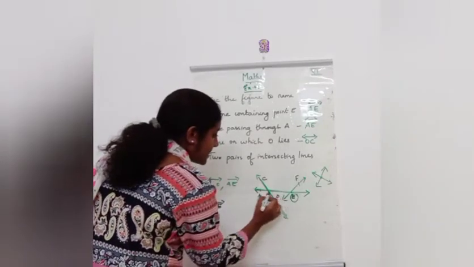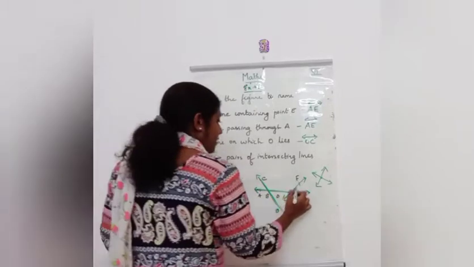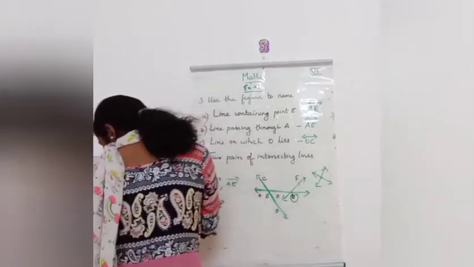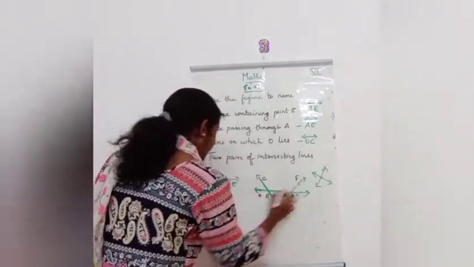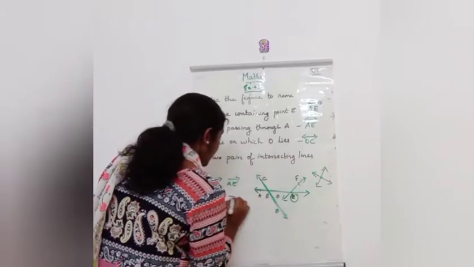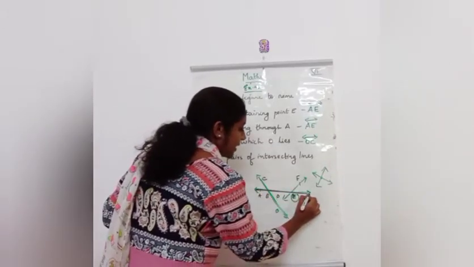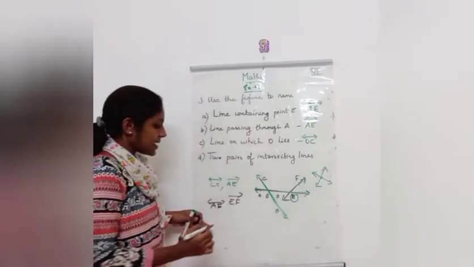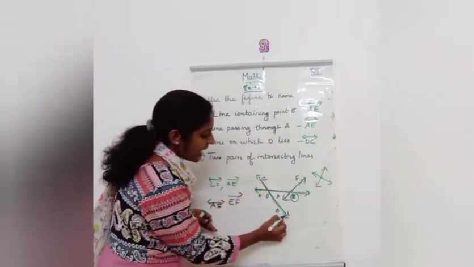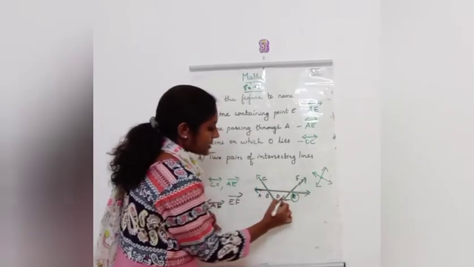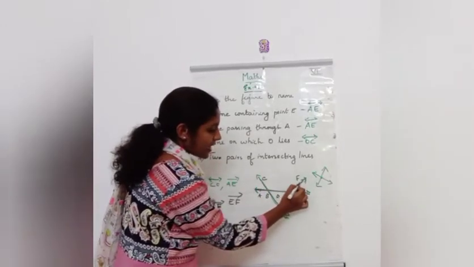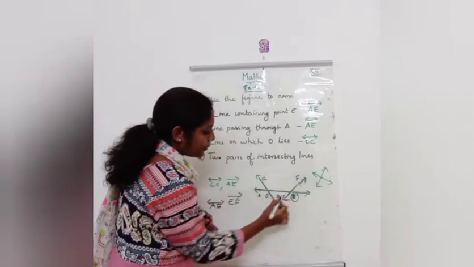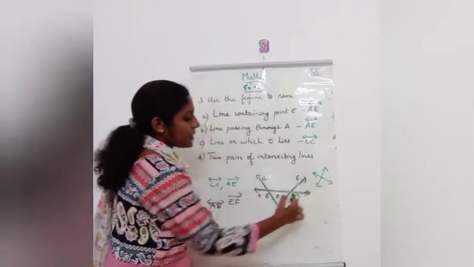And same like that, let us mark AE. DF is an intersecting line. Then EF is an intersecting line. This line AE and this line EF are intersecting lines. Is it? So CO is an intersecting line with AB. Same like that, EF and AE are intersecting.